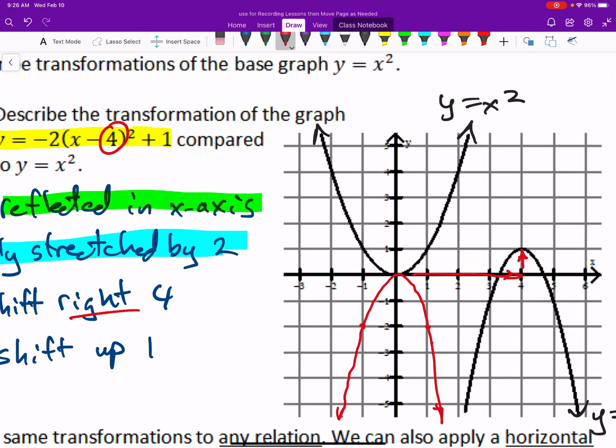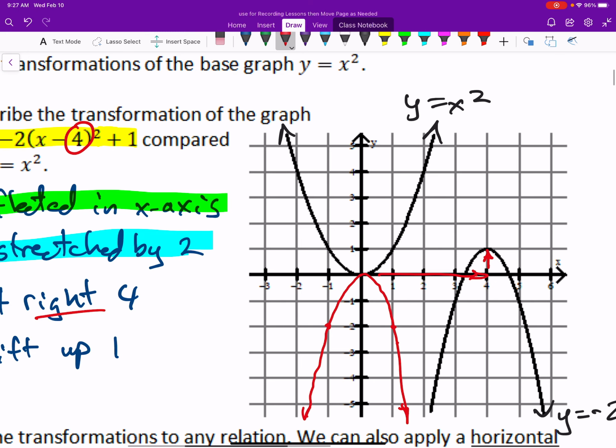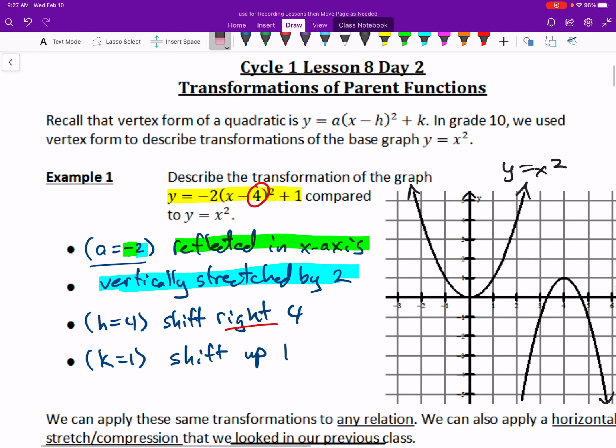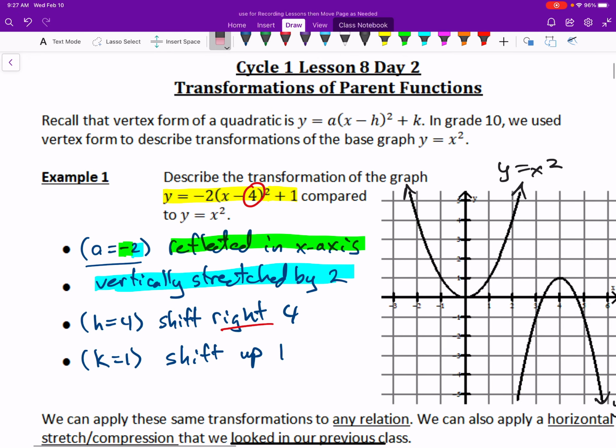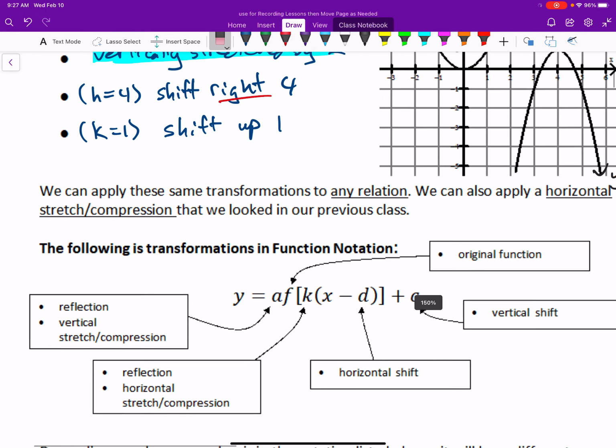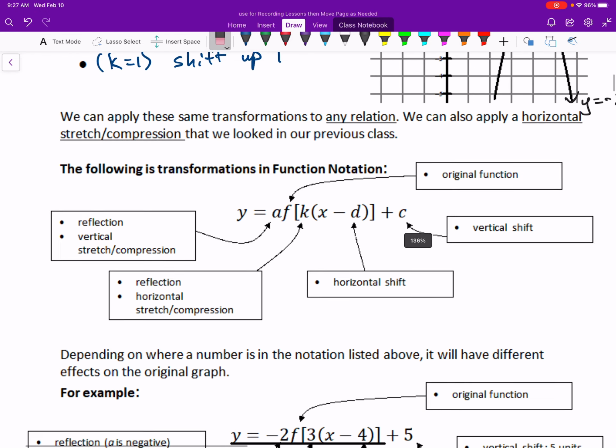You can see that this red one that I've sketched is the same shape as the final graph. And if I just move it a little bit to the right and up, then I've got my transformation. So that's how transformations work, what you should know up till now. But we can apply these same transformations to any relation.